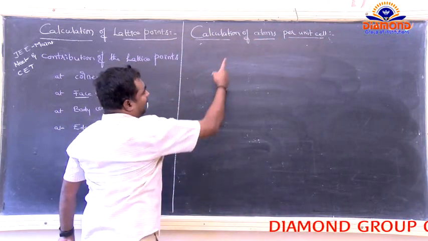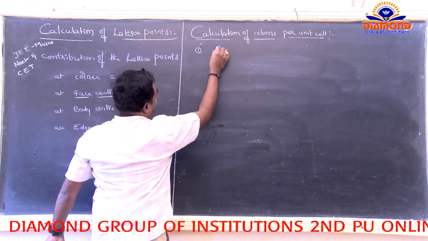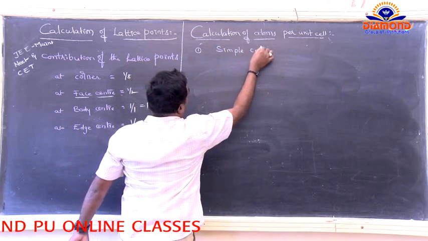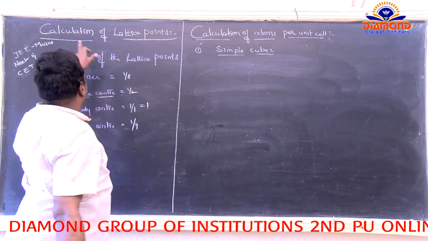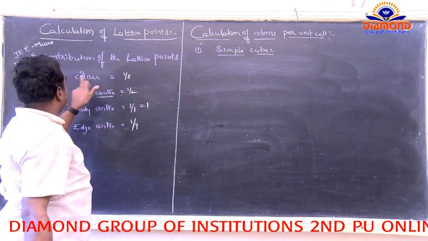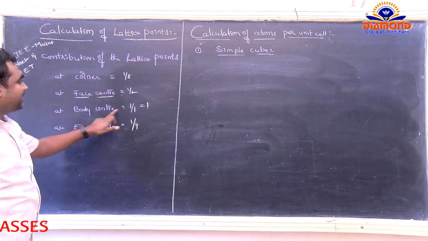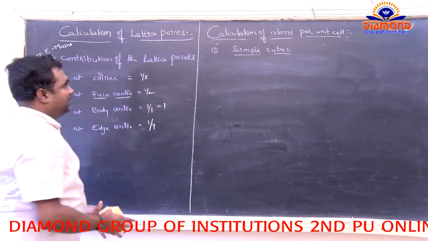Calculation of atoms per unit cell. The first one is the simple cube. Here the contribution of the lattice points: at corner 1 by 8, face center 1 by 2, body center 1, and edge center 1 by 4. Remember these points.